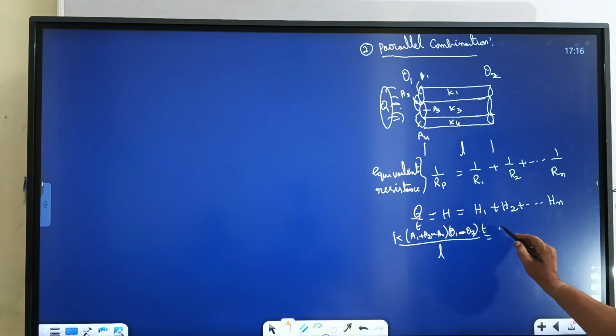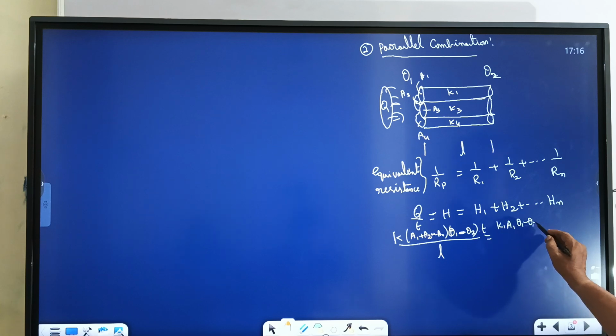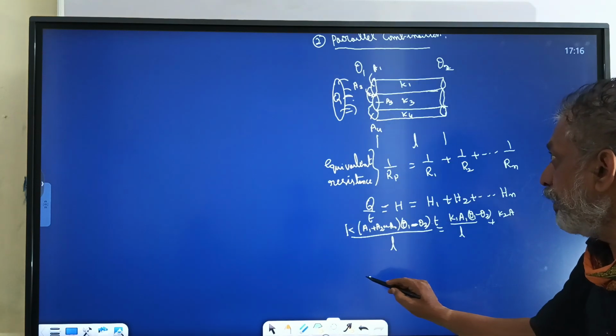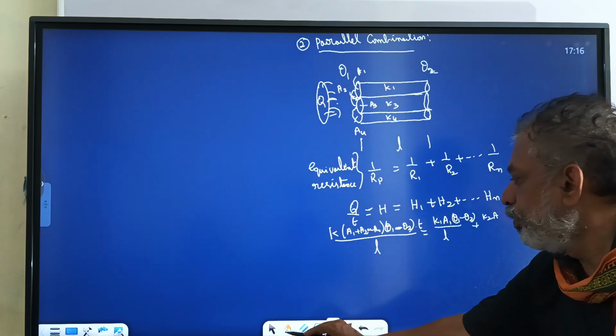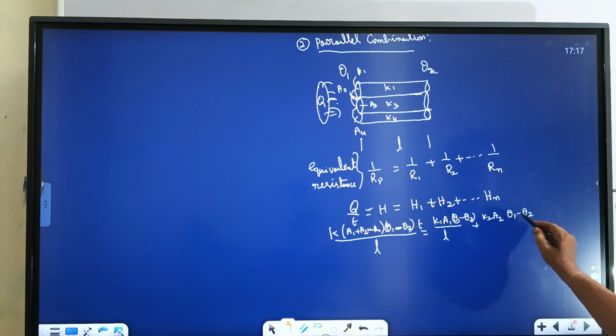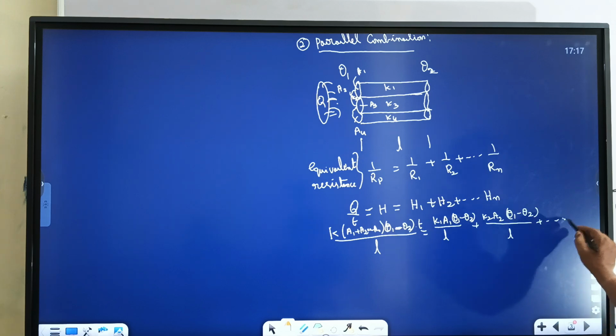Now what is the right-hand side? This is K1 A1 theta 1 minus theta 2 divided by L, the lengths being equal, plus K2 A2 theta 1 minus theta 2 divided by L, plus and so on.